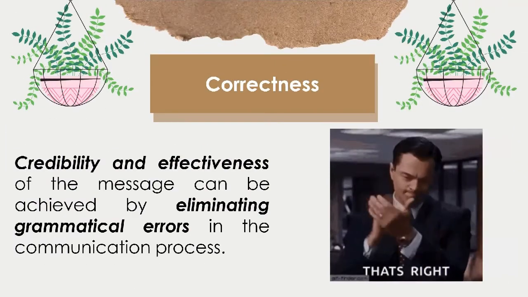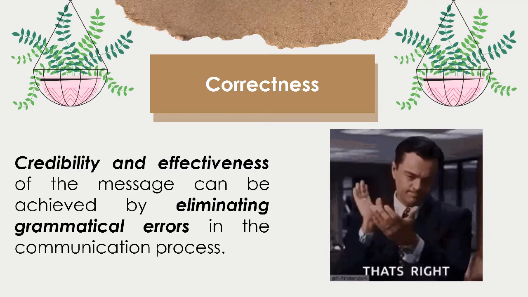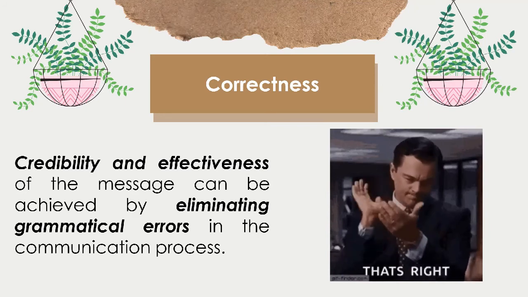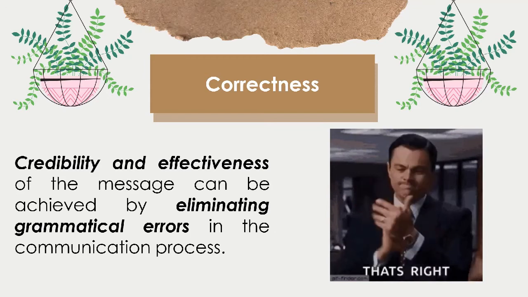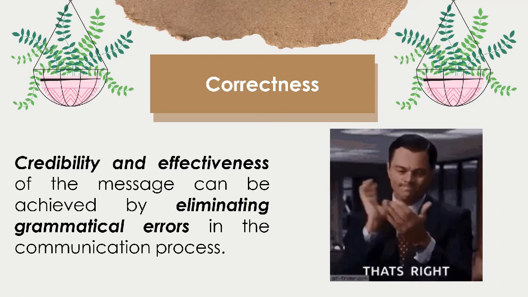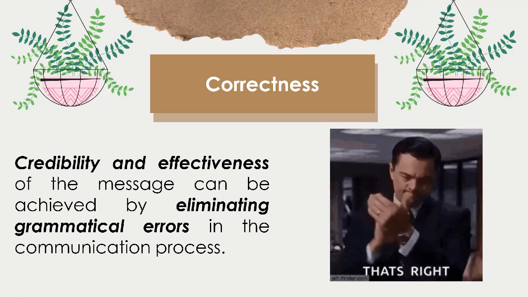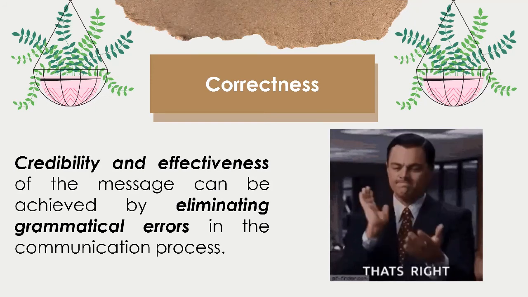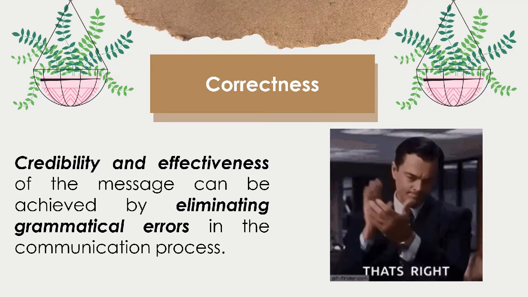The last C is correctness. Credibility and effectiveness of the message can be achieved by eliminating grammatical errors. Another remedy for the language barrier. When it comes to a second language, it is inevitable to make a mistake, especially when it comes to grammar.